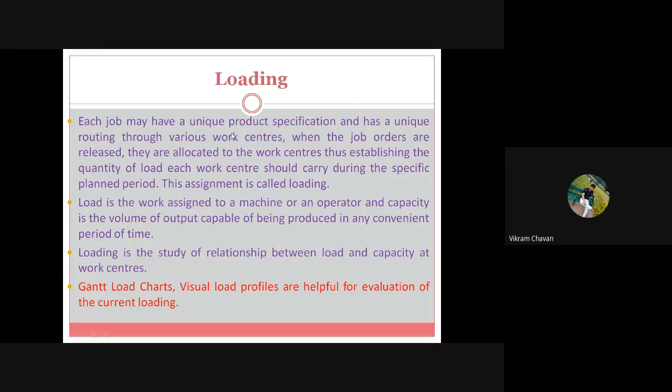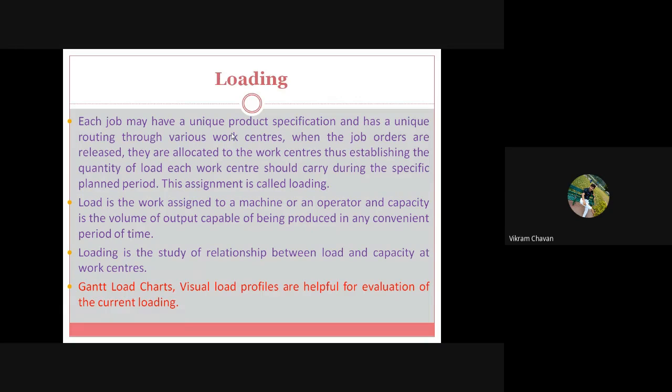So, routing means what? The flow of material at the shop floor. Flow means that after performing one operation, the job is transferred to the second machine. After performing some operations on one machine, the job is transferred to another machine. So in such a sequential manner, the job is transferred through a number of machines.